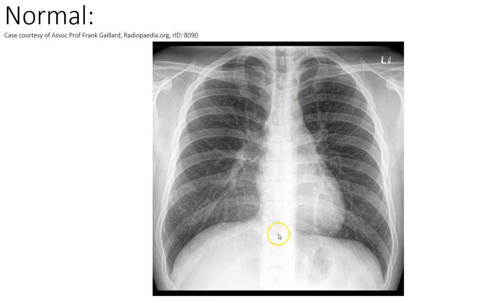Next, for position, I've noticed the spine is nice and straight and central. I look at the clavicular heads, and these are here, and there, and there, and I look at them in relation to the spinous process. They should be equidistant from the spinous process, and this tells me whether or not the patient's rotated.